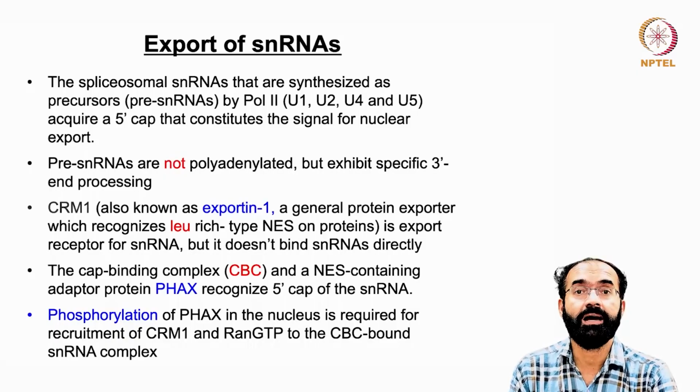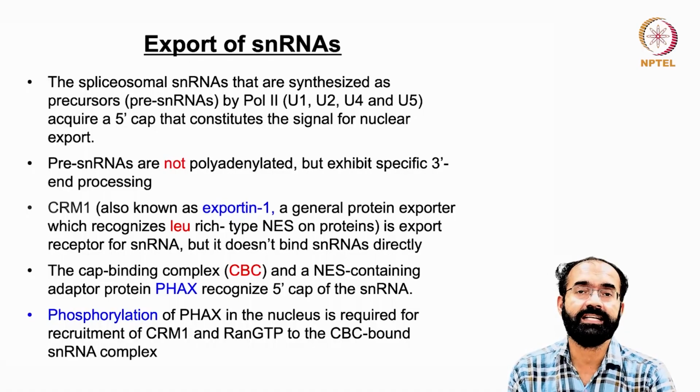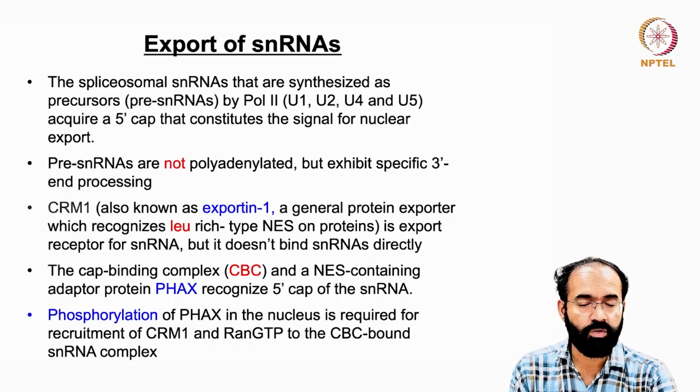The transcription is via RNA polymerase 2, and we know they are U1, U2, U4, U5, and they acquire a 5' cap that constitutes the signal for nuclear export. So, the pre-snRNAs are not polyadenylated but exhibit specific 3' end processing. Of course, every snRNA needs to be protected in the nucleus, and their way of functioning is not via polyadenylation.